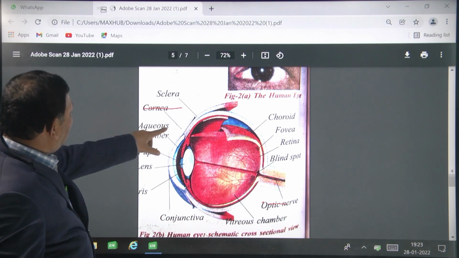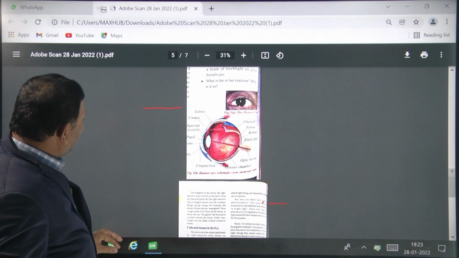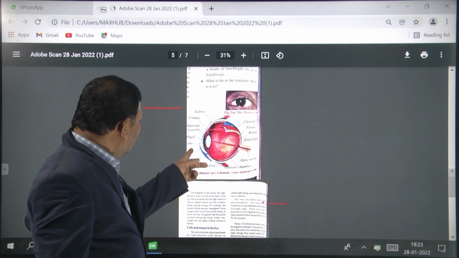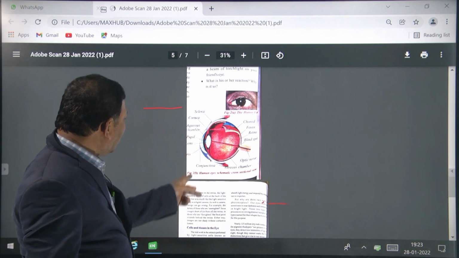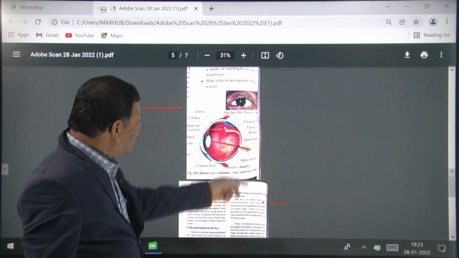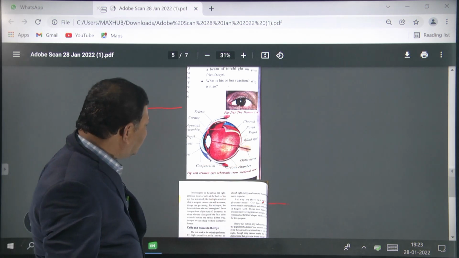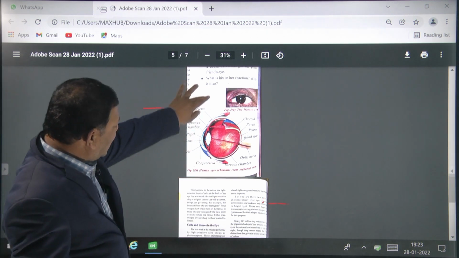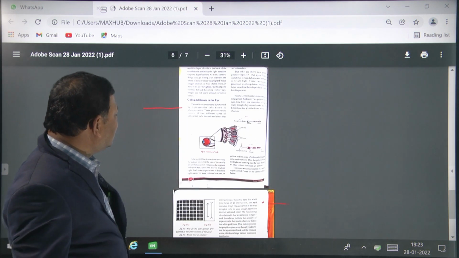Next, the cornea, next one the aqueous chamber. Next is the lens, pupil, iris, conjunctiva. This is the optic nerve. There are no rods and cones here, that is known as the blind spot. This is called the vitreous chamber. Actually cones and rods.